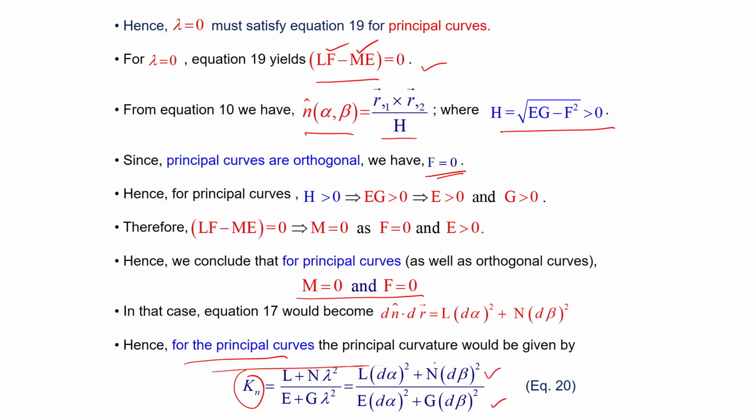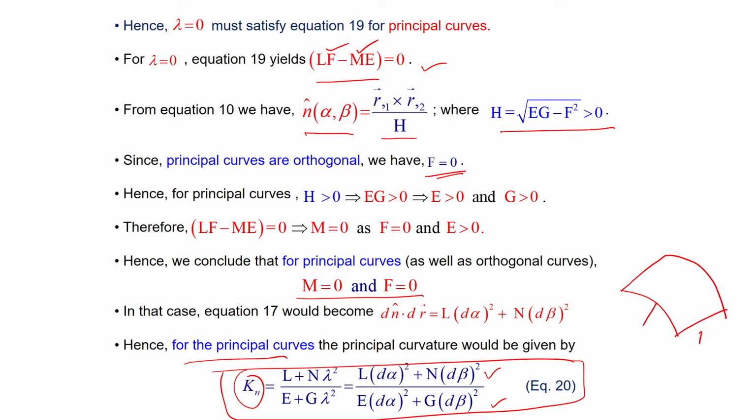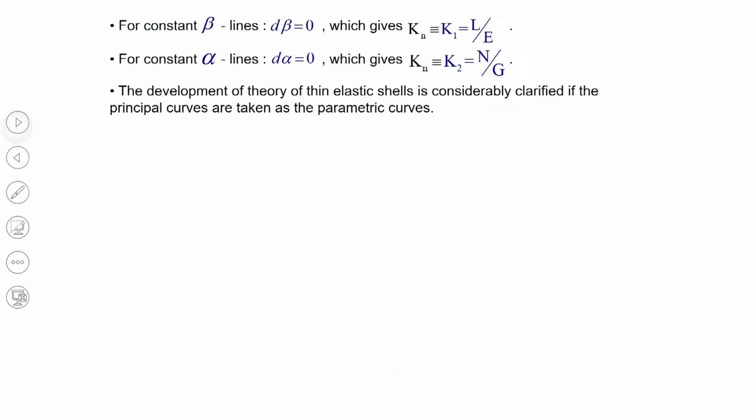equation 20. So, we cannot reduce from the previous equations just by putting d beta is 0 or d alpha is 0; we have to set it like this. Now from this equation, over the curves where beta is constant and alpha is constant: for a constant beta line, d beta is 0.